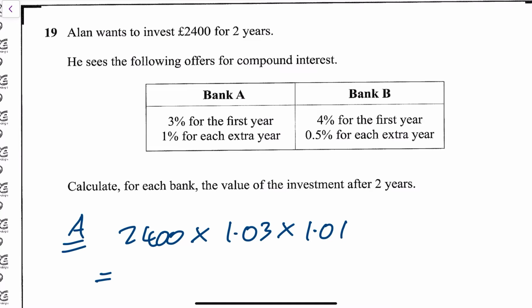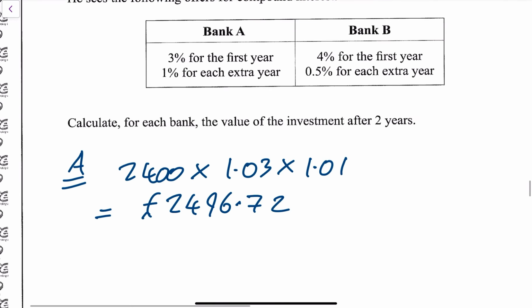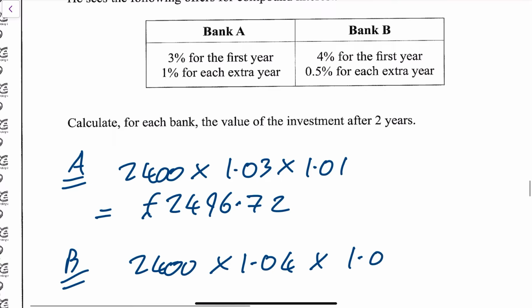So 2,000 times 1.03 times 1.01, which works out to be, Bank A gives him £2,496.72. Bank B starts off with the same amount, goes up by 4% in the first year and then only 0.5%, so 0.005.